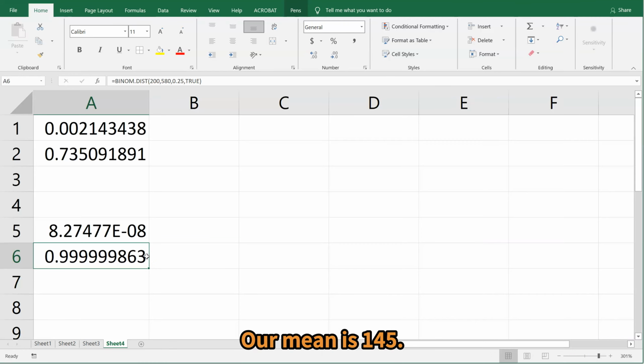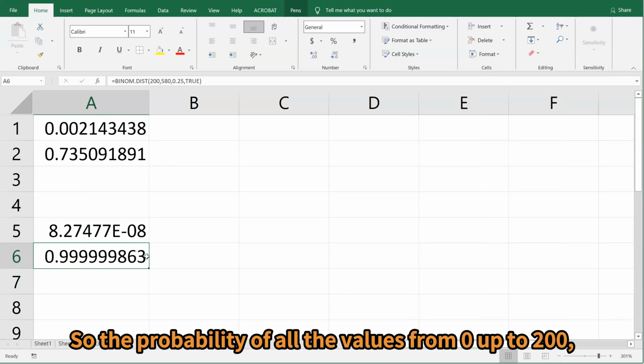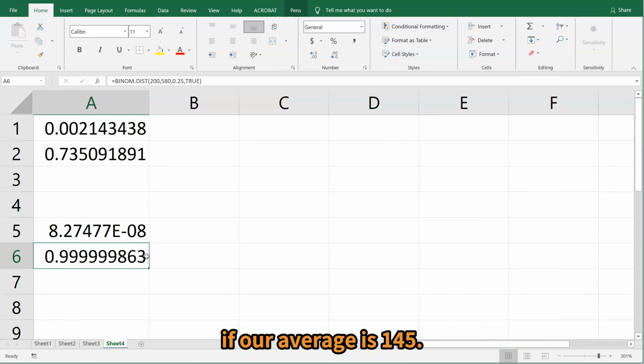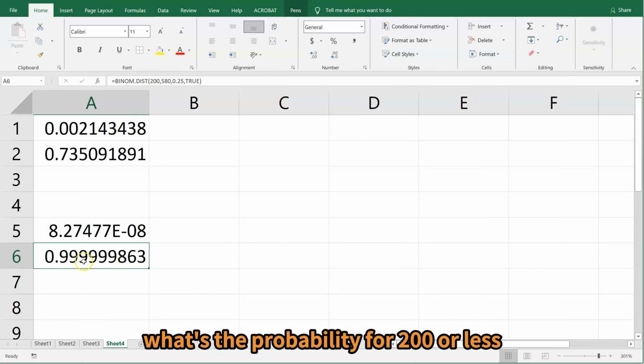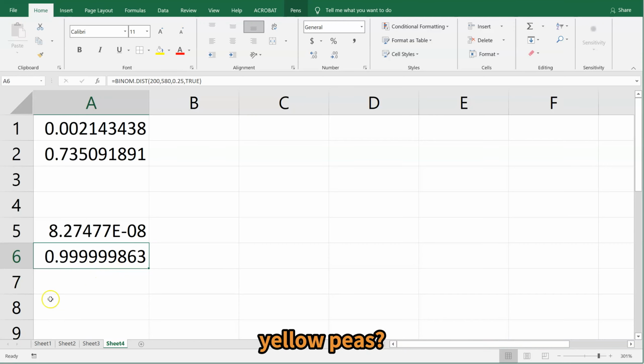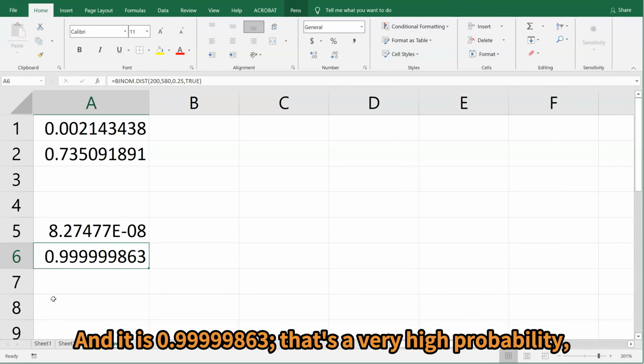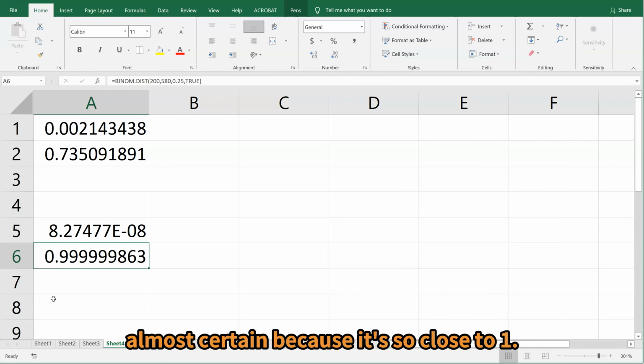Our mean is 145, so the probability of all the values from 0 up to 200 should be a large probability. If our average is 145, this should be really high. And it is: 0.9999863. That's a very high probability, almost certain because it's so close to 1.